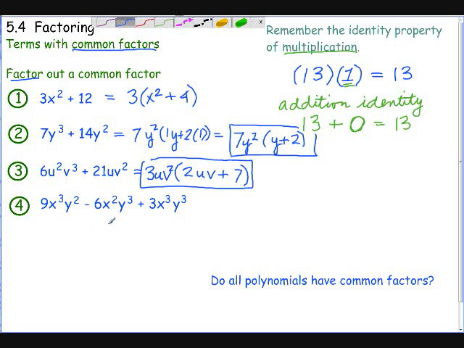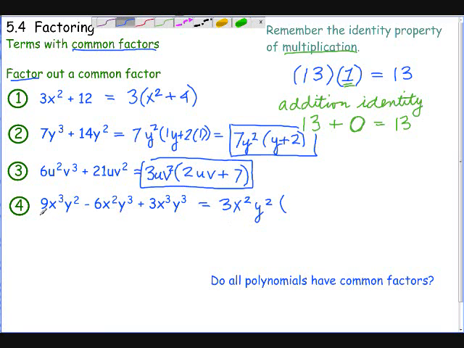How about this? 3 terms to look at, and they all are divisible by 3, so we'll factor that out. They are all divisible by x squared. They are all divisible by y squared. When I say divisible, I mean evenly divisible, of course.